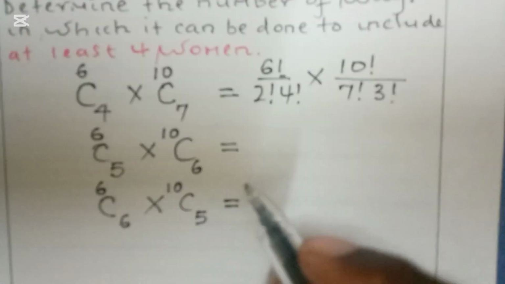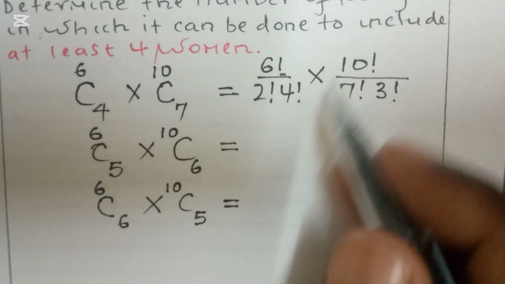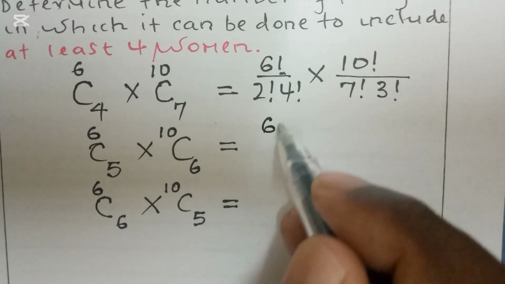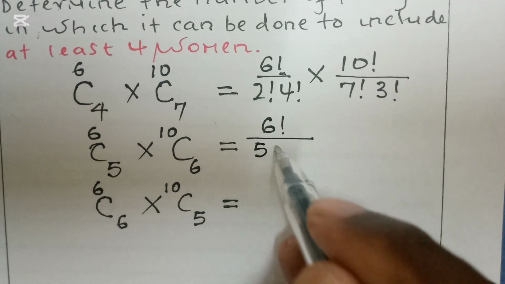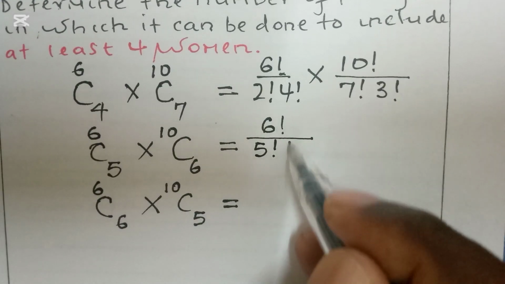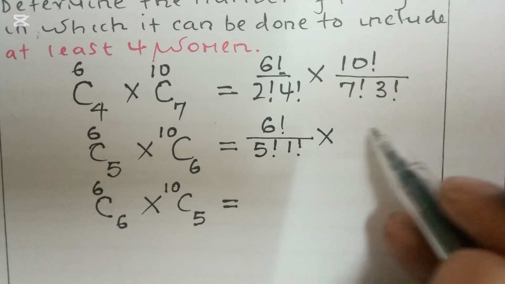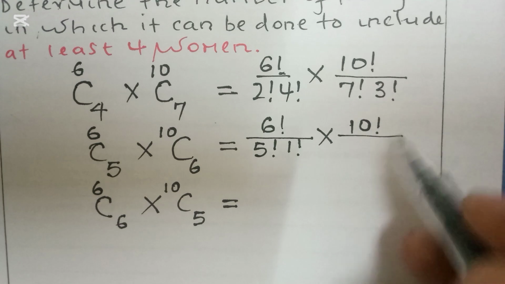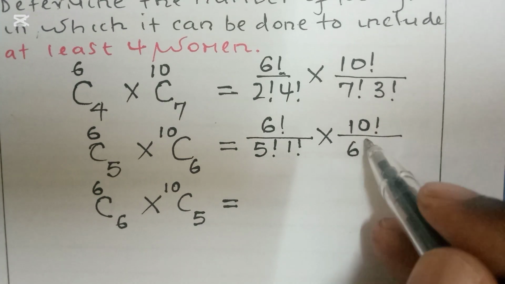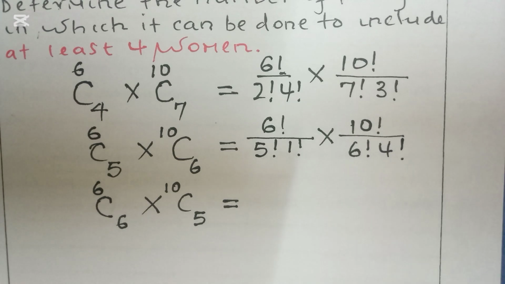For this other committee, guys, where we have 5 women, we are going to have 6 factorial all over 5 factorial, 6 minus 5 is 1 factorial, times 10 factorial all over 6 factorial, 10 minus 6 is 4 factorial.